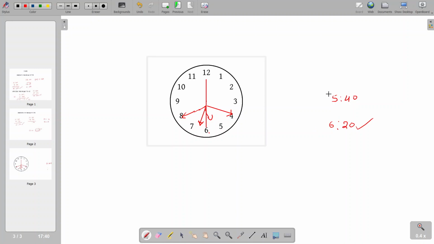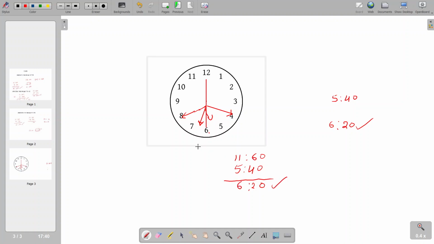We can verify using the general method also. How? 5:40. We need to find the mirror image of 5:40. For that we need to subtract from 11 hours 60 minutes. 11 minus 5 is 6. So 6:20.